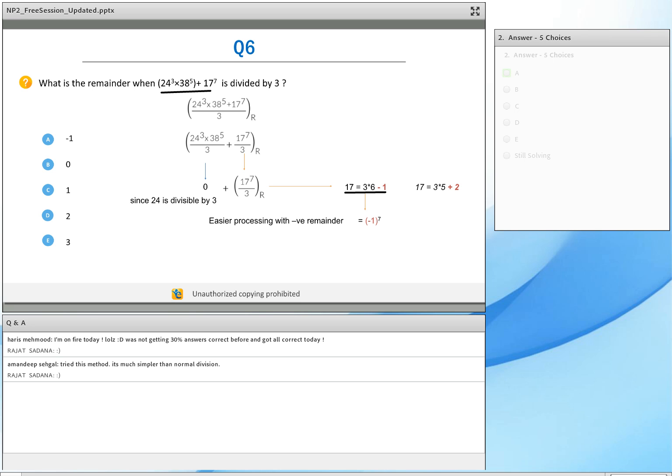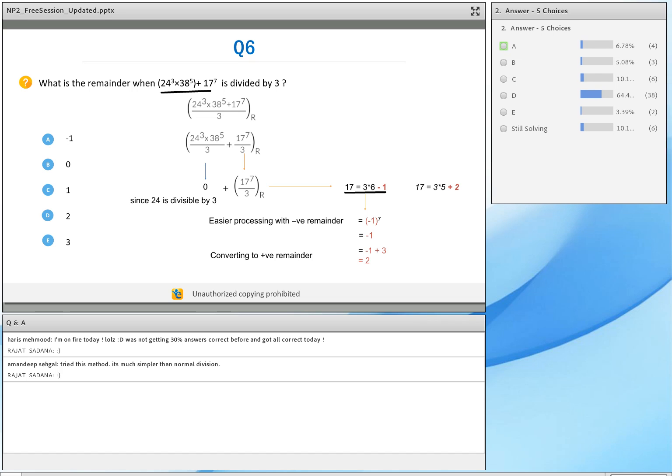Why? Because the remainder of 17 by 3 is minus 1, and this has to be raised to the power 7. So it's minus 1 to the power 7, which is minus 1. Now, a remainder can't be negative, so we add plus 3 to it, and then we get the remainder as 2.